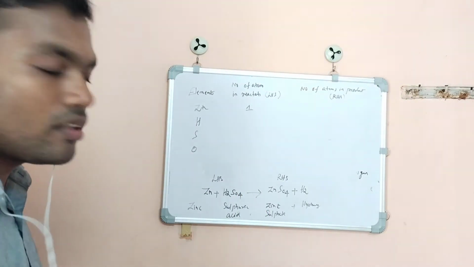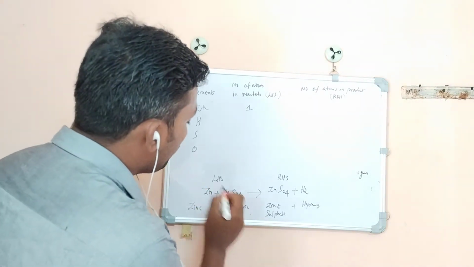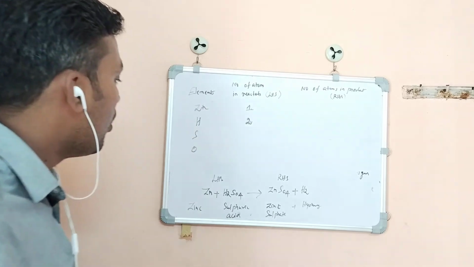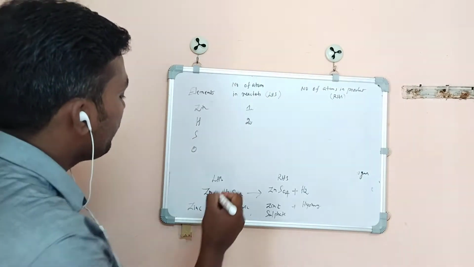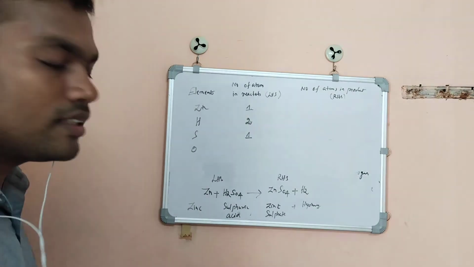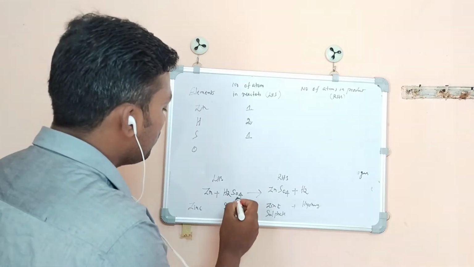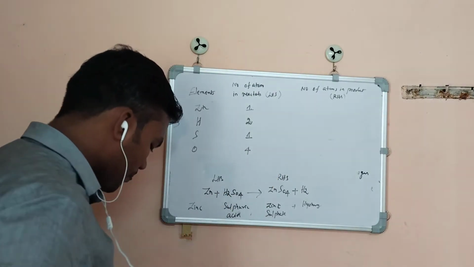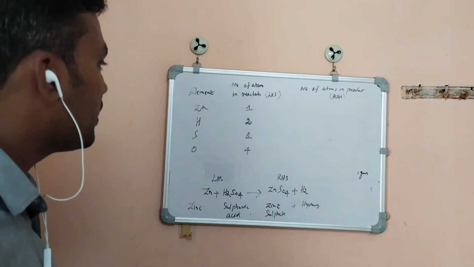How many hydrogens are there in the reactant side? 2 hydrogens are there. Okay. How many sulfur are present here? Only 1 sulfur is present. How many oxygen are present in this case? In the reactant side, 4 oxygen are present here.